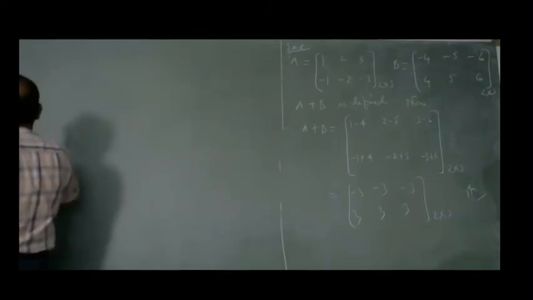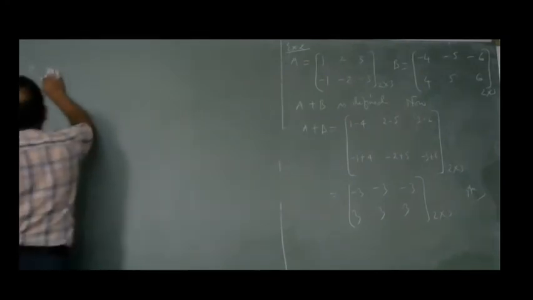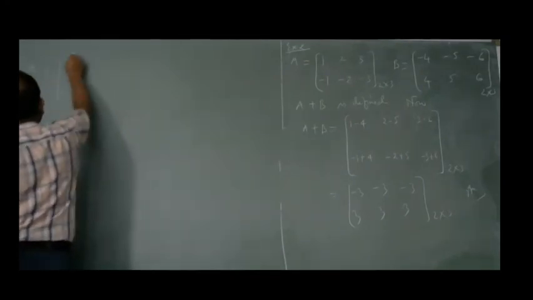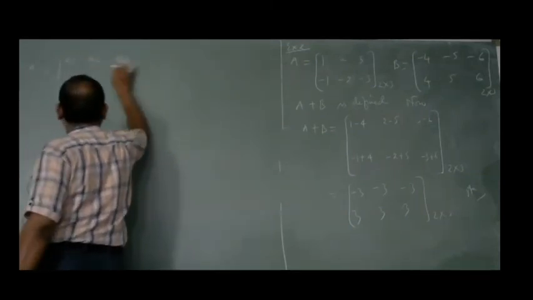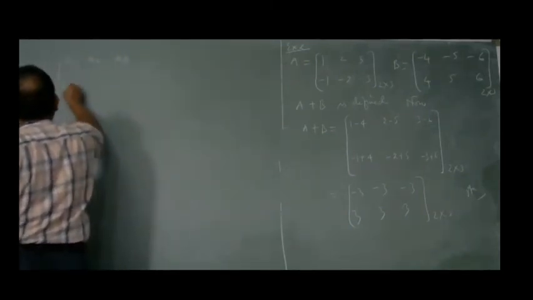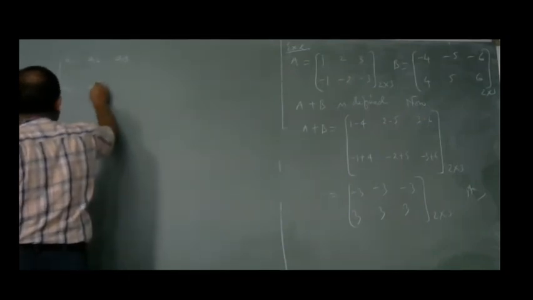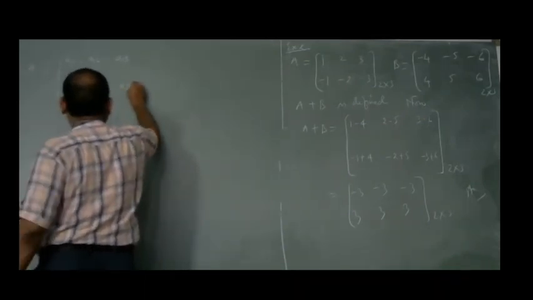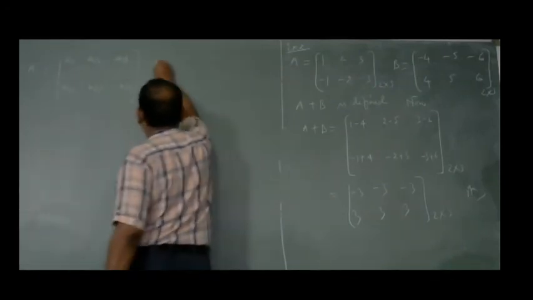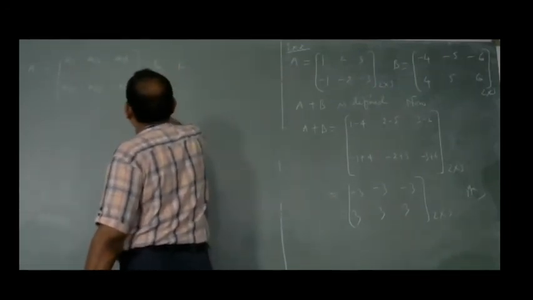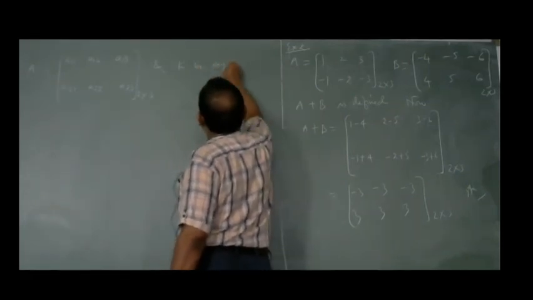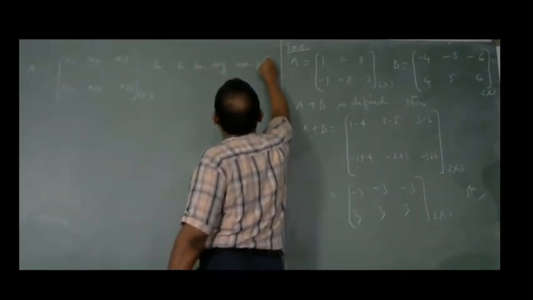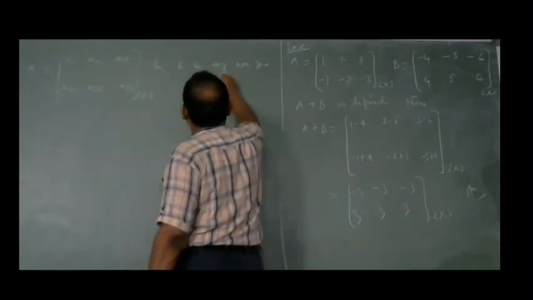Suppose A is equal to the 2 cross 3 matrix with rows a11, a12, a13 and a21, a22, a23, and k is any non-zero scalar.